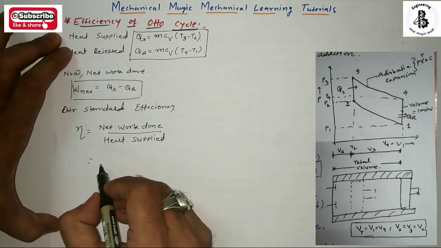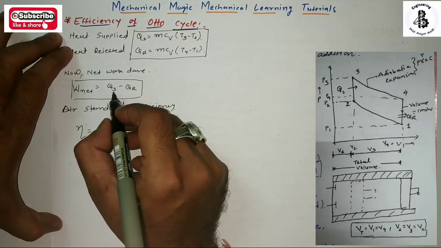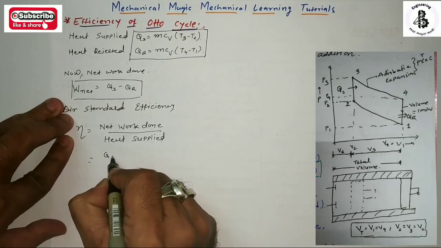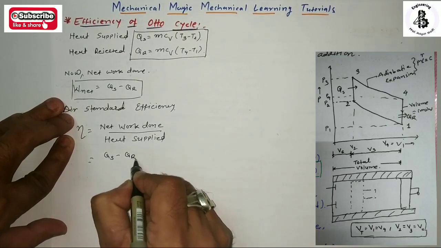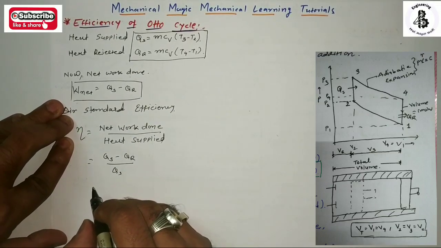So net work done, that is Q supplied minus Q rejected, so Qs minus Qr divided by Qs.